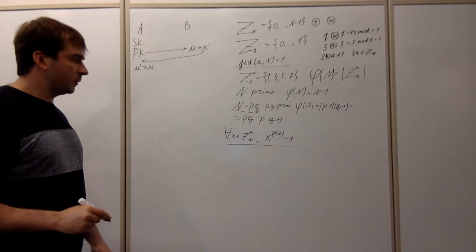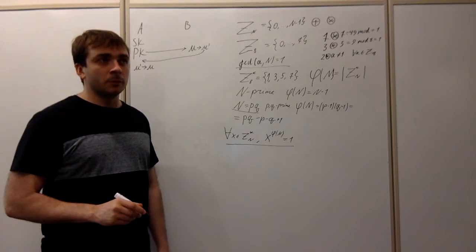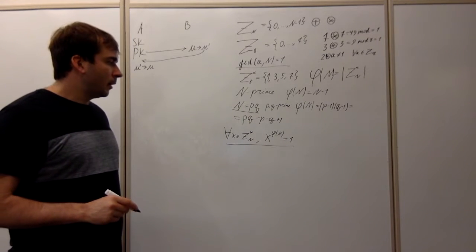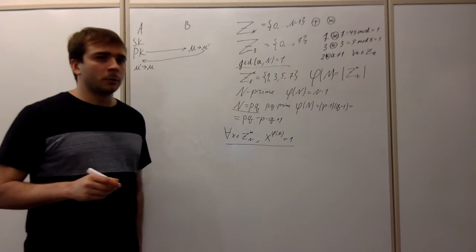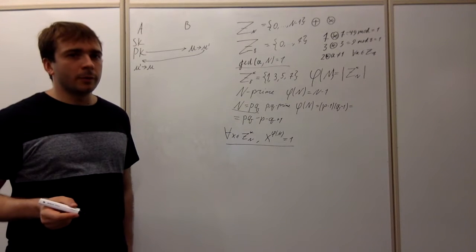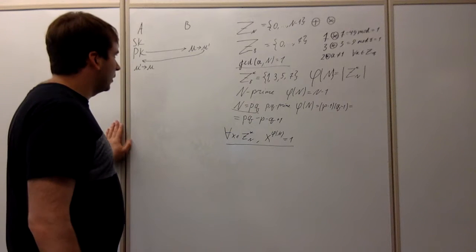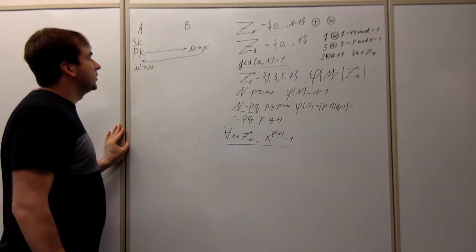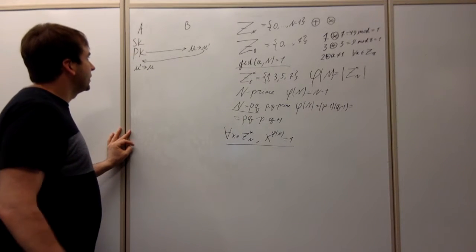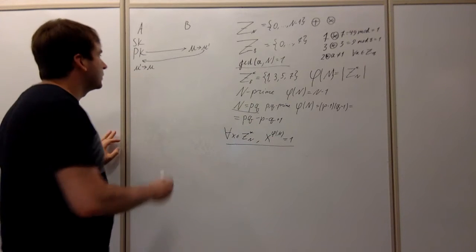In other words, if you take any revertible element and raise it to the power of the number of revertible elements in the ring Zn, then you'll get 1. Okay, now we have everything to explain what the secret key and public key are.